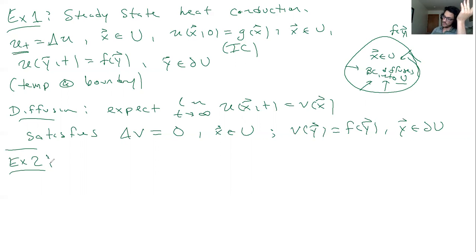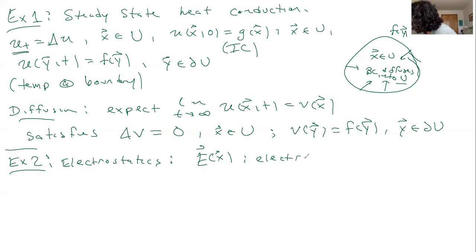Second example, electrostatics. Let's say that something I'll call E of x, which is itself a vector function, is an electric field induced in some way, and that B of x is a magnetic field.